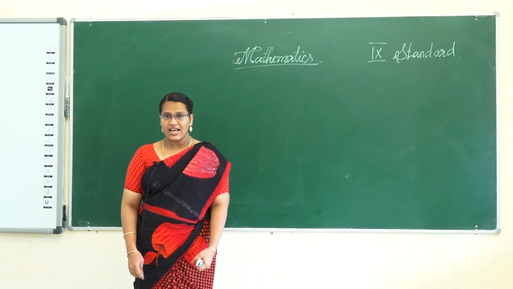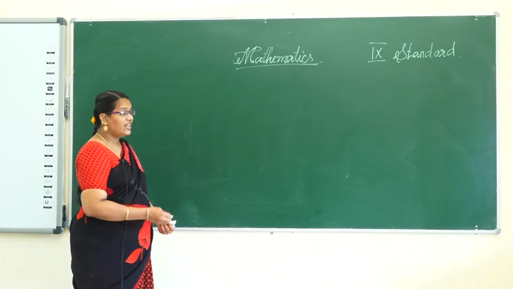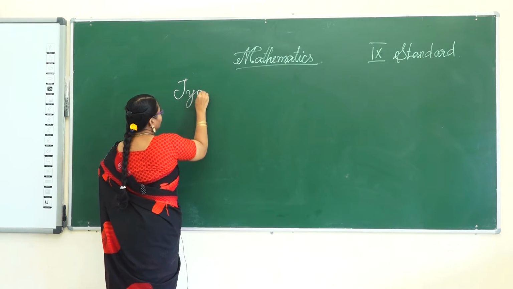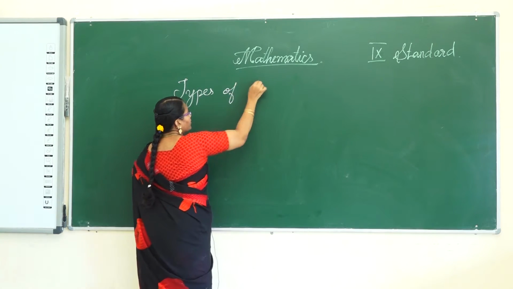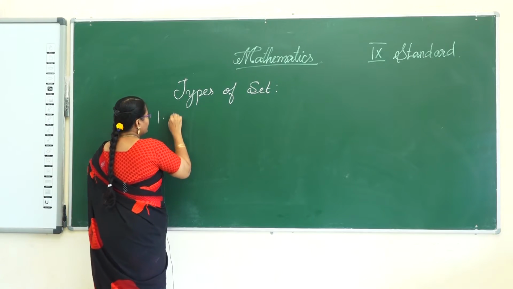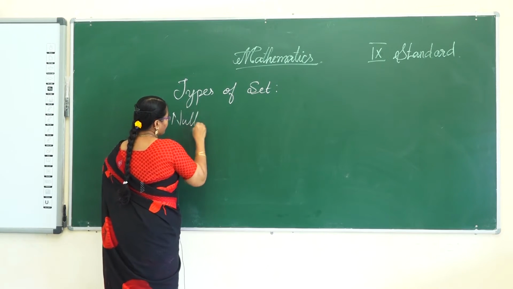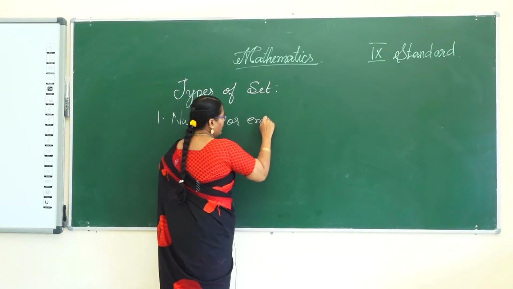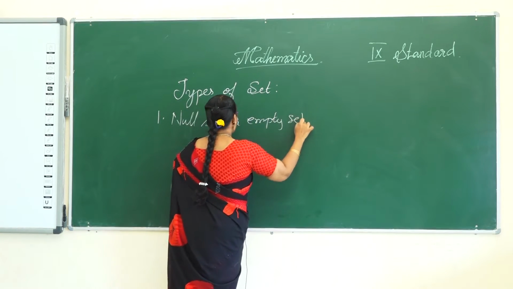Let's just revise the previous class. In the previous class, we learned about types of sets. First type, null sets are empty sets.